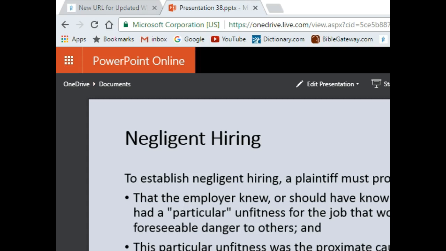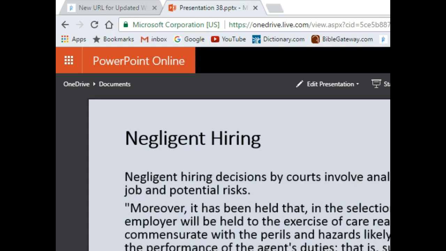Let's talk about negligent hiring in more detail. Negligent hiring decisions by courts involve the analysis of the particular job and potential risk. I've cited a paragraph within a case in 1979 that was decided, and I thought that this paragraph is really a good description.